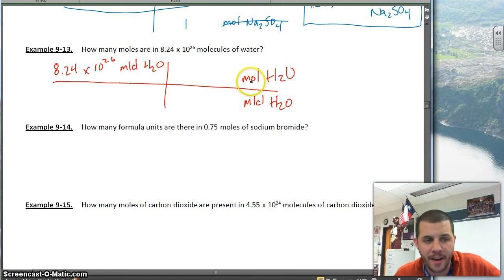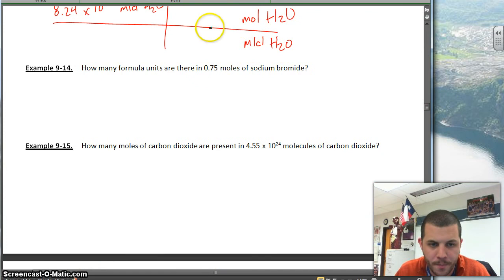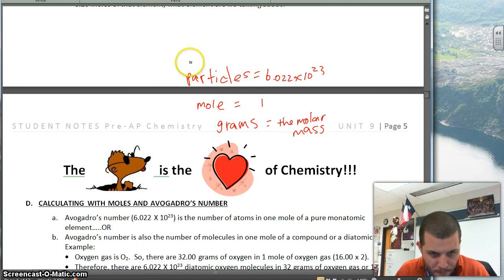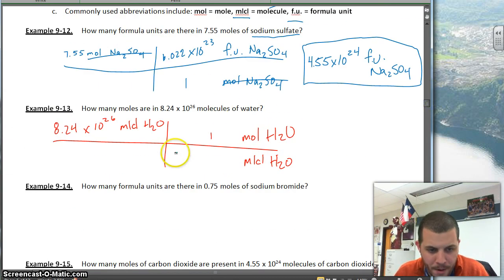Now I've got moles right here. What number goes with moles? I come back up to what I just wrote down, and I see that 1 goes with moles. And what goes with molecules? Molecules is a type of particle. Particles are either molecules, formula units, or atoms. Since this is a kind of particle, I'm going to put 6.022 times 10 to the 23rd power.